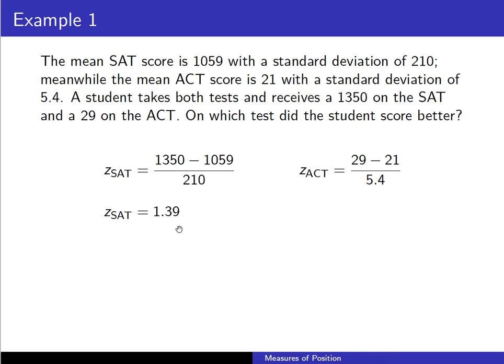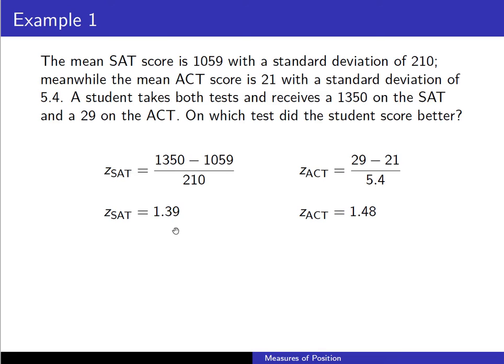For the ACT, the student scored 29. The mean score is 21 and the standard deviation is 5.4. So the z-score for the ACT is 29 minus 21 divided by 5.4, which is 1.48. So on the ACT, the student scored about 1.48 standard deviations above the mean.